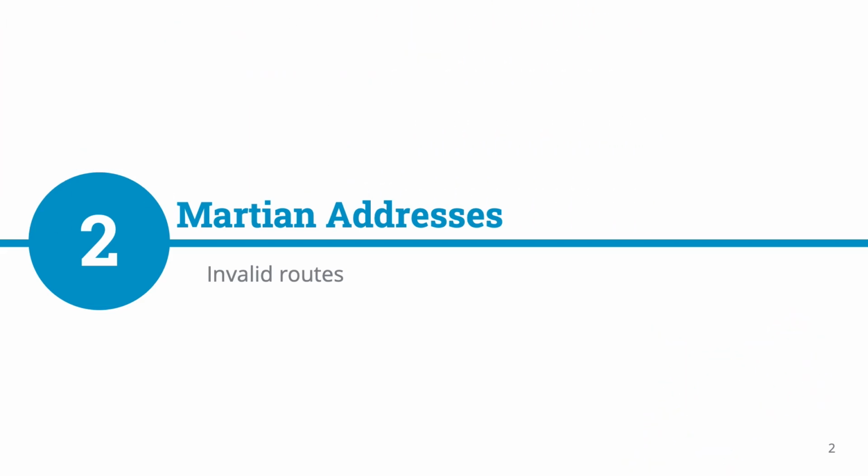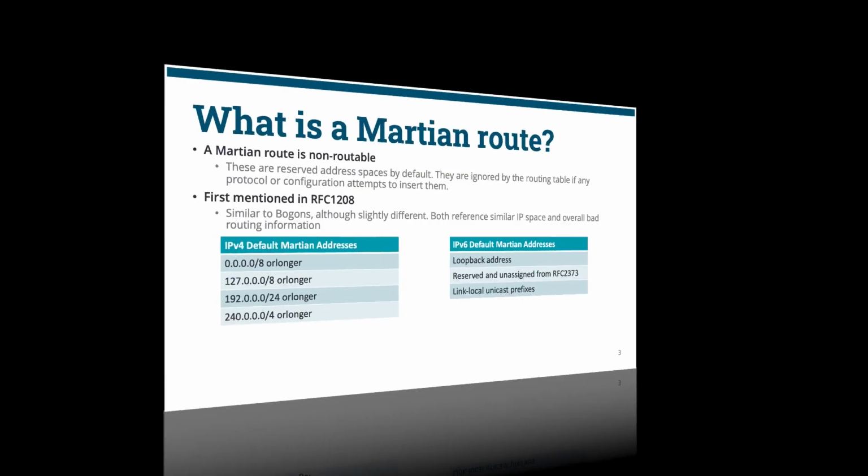These address ranges are invalid routes, which are generally reserved for special uses in an RFC publication and observed by most network device vendors. So let's review what the default Martian addresses are and what a device will do with them, and how to edit the default list of Martian routes.